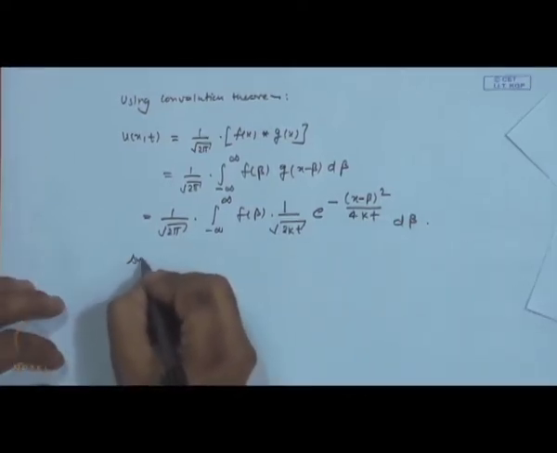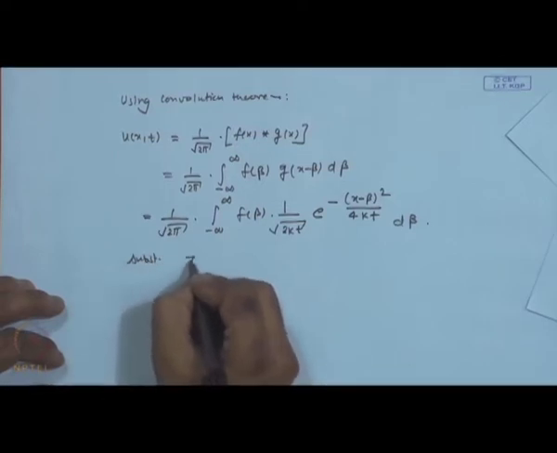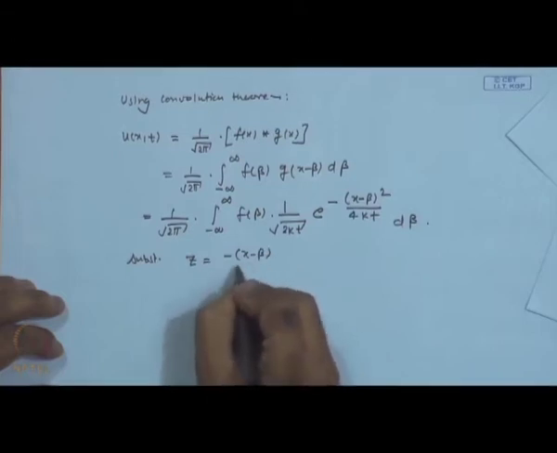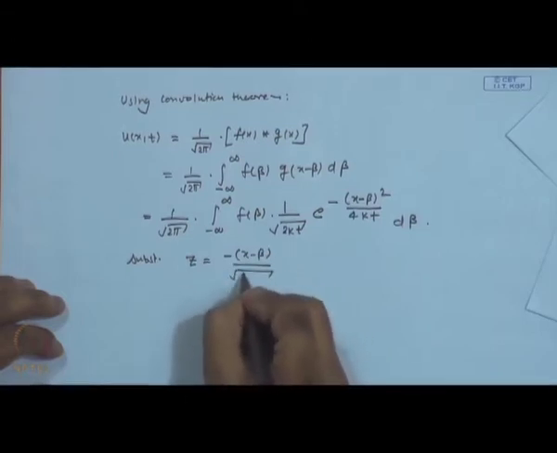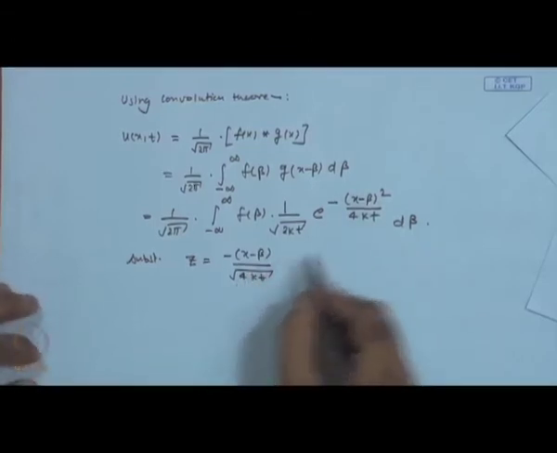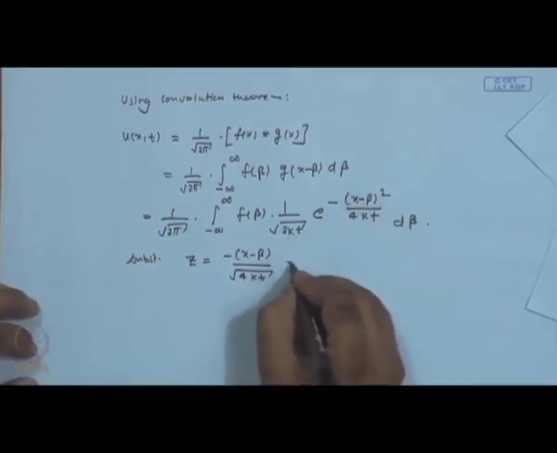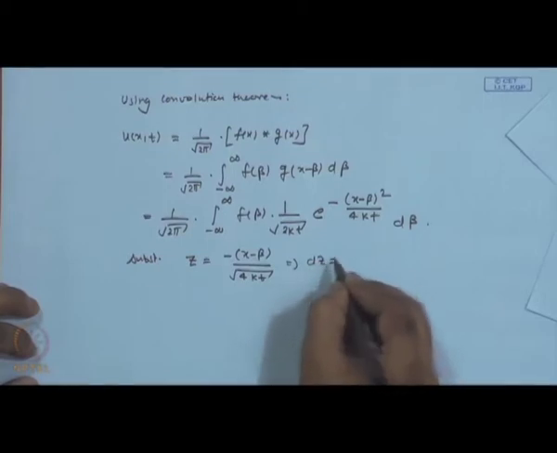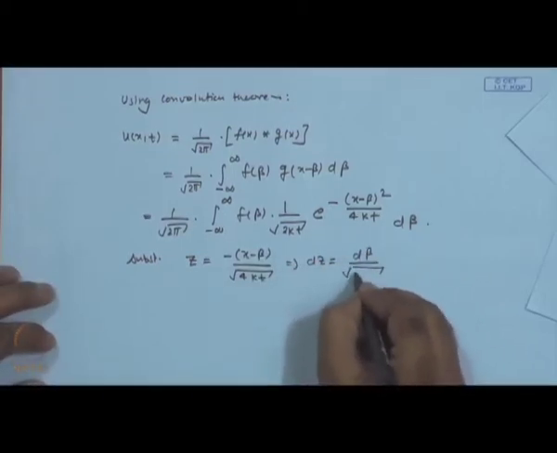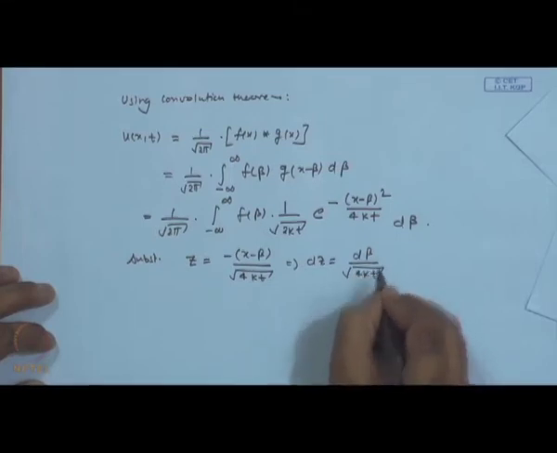Again a little simplification we can make if we take z equal to minus (x minus beta) over square root 4kt, so that we have the square again. So, this dz will be d beta over square root 4kt.